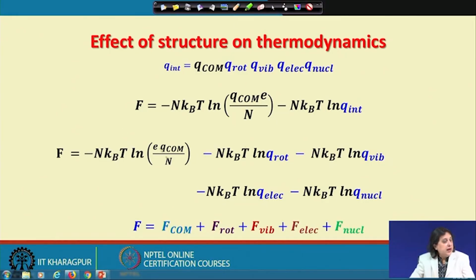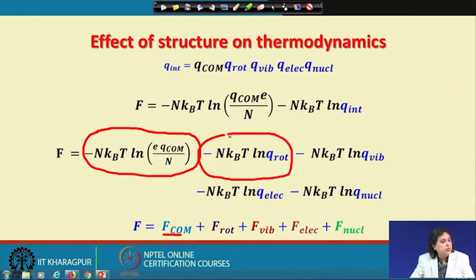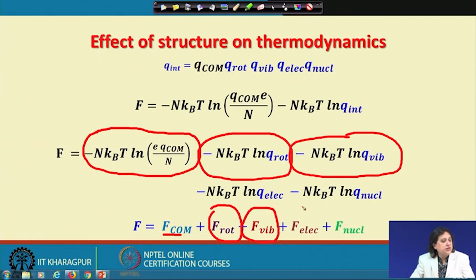has one contribution that is entirely due to the center of mass, which is this. There is one contribution which is entirely related to the q rot, which is F rot, and another contribution coming from the q vibe, which adds this correction F vibe here, and similarly there are corrections to F in terms of electronic and nuclear.